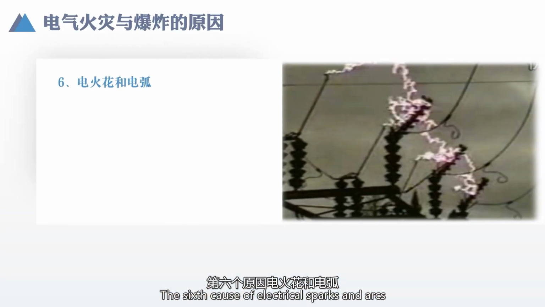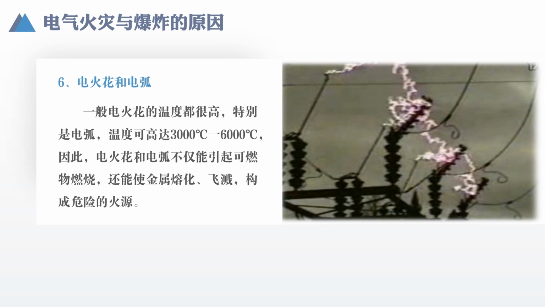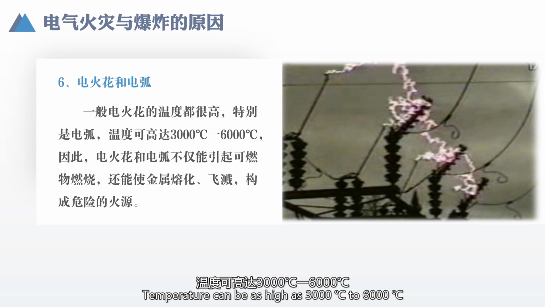The sixth cause is electrical sparks and arcs. Generally, electric sparks are very hot, especially the electric arc, whose temperature can be as high as 3,000 to 6,000 degrees Celsius.